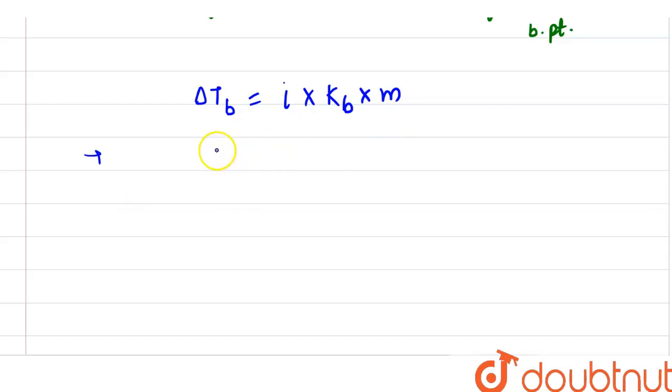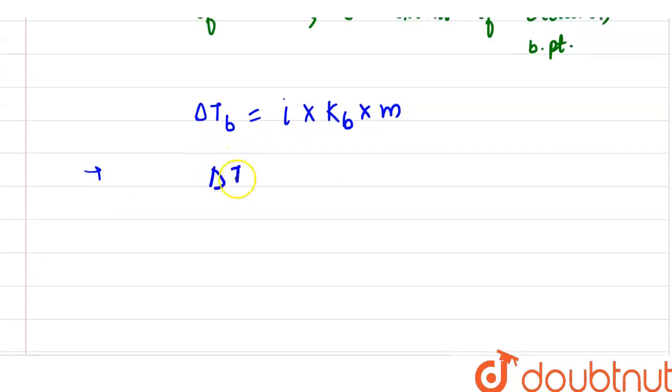From here we can say that delta Tb is directly proportional to the van't Hoff factor. The greater the value of the van't Hoff factor, the higher will be the elevation in boiling point, hence the higher will be the boiling point of the solution.